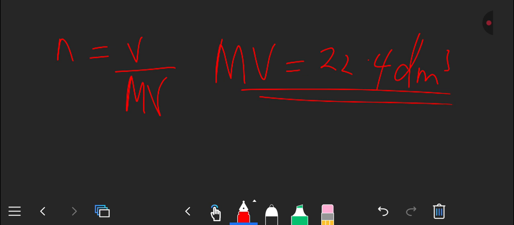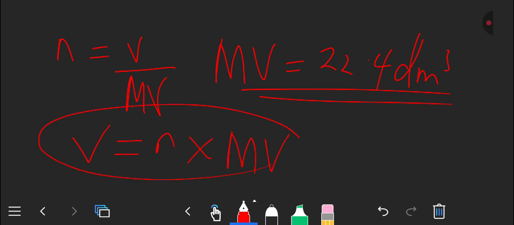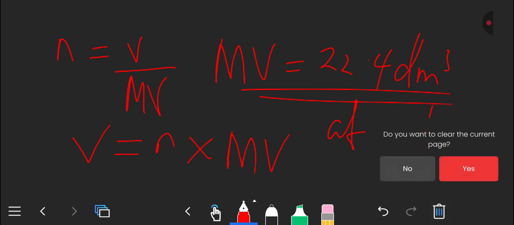When you're told to calculate the volume, the volume will be equal to the number of moles times the molar volume, at standard temperature and pressure. So this is what we need to understand.